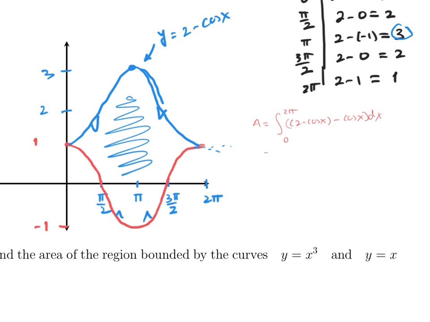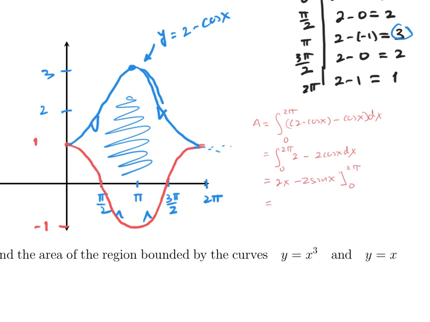So notice that you can simplify this to the integral from 0 to 2 pi of 2 minus 2 cosine x dx. This is a pretty straightforward integral. This is 2x minus 2 sine x. Recall that the antiderivative of cosine is sine. This goes from 0 to 2 pi.